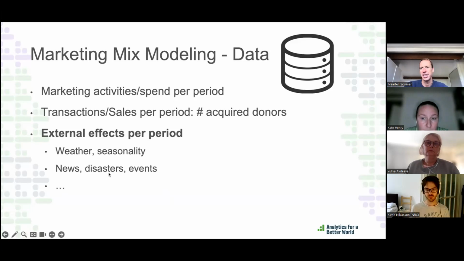I'm sure that will trigger extra donations or even new donors. And it's not because you did some marketing activity. It's unfortunately because there was a disaster somewhere. So in that case, it's very important to include that data into the model.